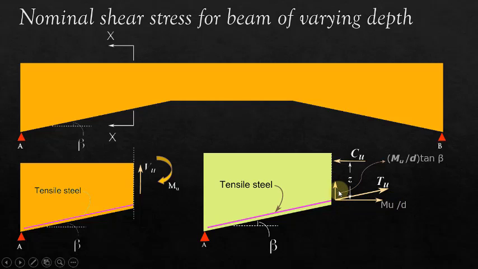Similar to the previous example, the horizontal component of Tu will be Mu by D and the vertical component of Tu will be now Mu by D tan beta, which will act in upward direction. So in this case of beam with varying depth, the net shear force Vu net computed at this section will be Vu net equal to Vu plus Mu by D tan beta.